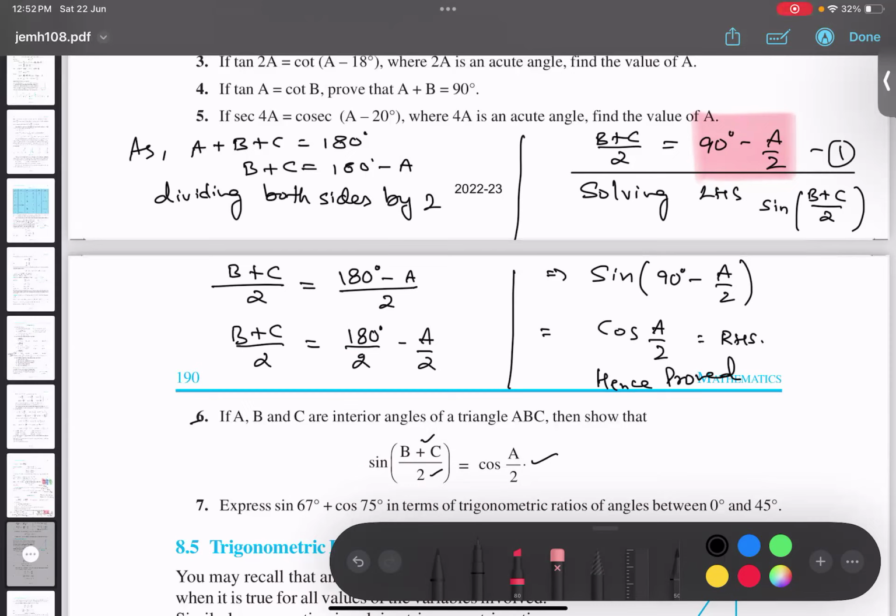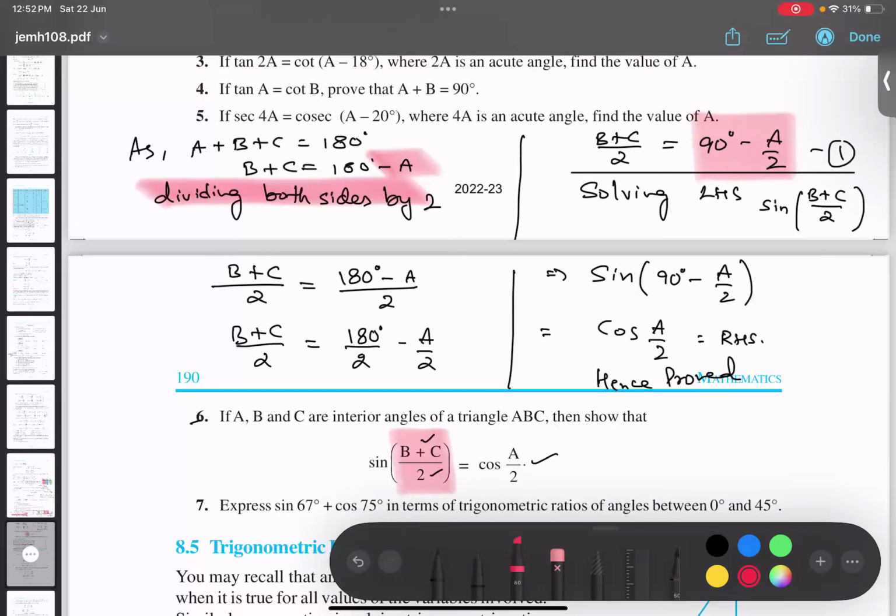Is this clear? There were some interesting steps which we did: subtracting A and dividing both sides by 2. After that, once we got the inner portion, I just replaced it and got the answer. It was very simple. Quickly take a screenshot. Last question of this exercise. Your homework would be to complete this exercise again in a proper manner without looking at the answers.